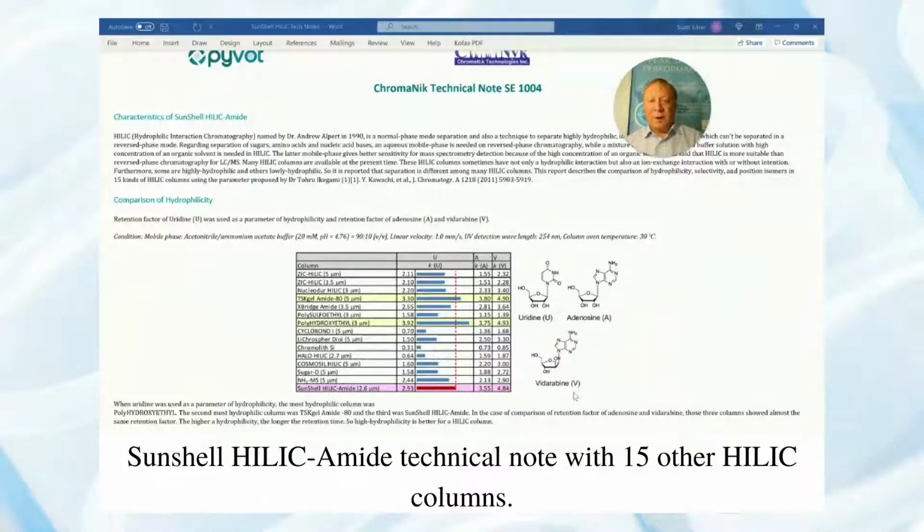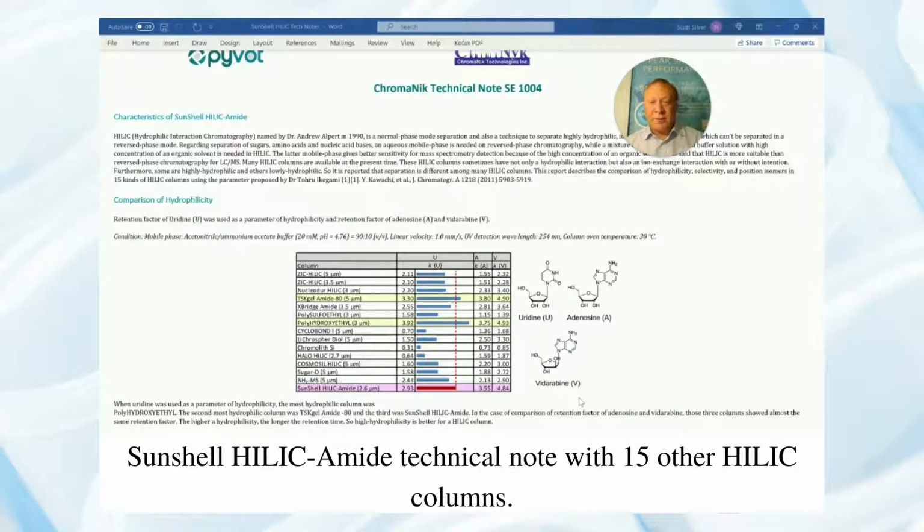The linear velocity is 1 millimeter a second. The UV detection wavelength is 254 nanometers, and the column oven temperature is 30 degrees Celsius.